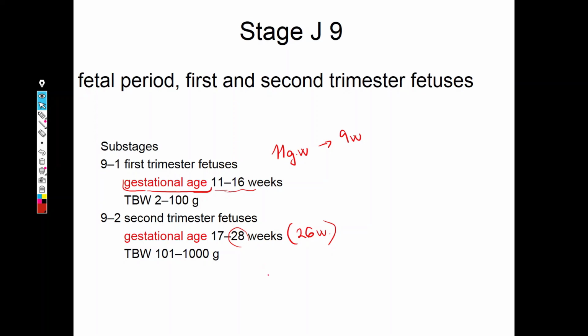Until then the fetus is about 50 times bigger. It's heavy, the weight is 1 kilogram. You should know that the fetal period lasts from 9 to 26 anatomical weeks, which we are normally counting here in histology.